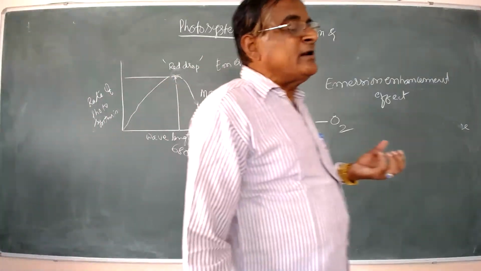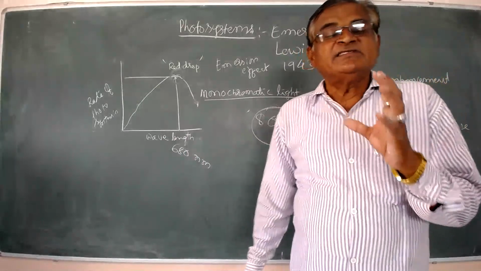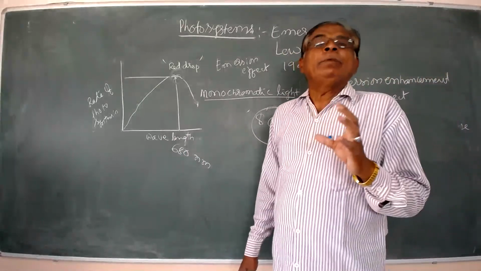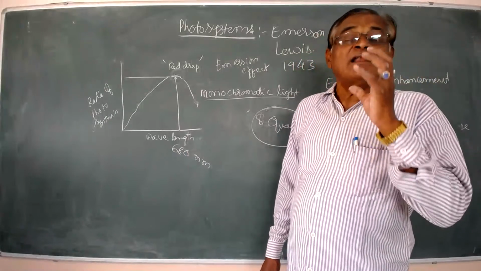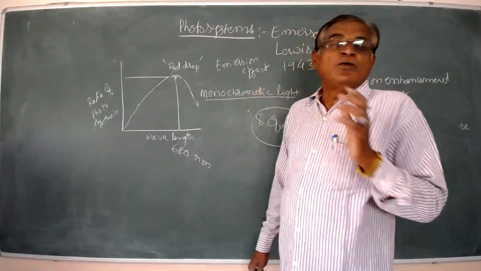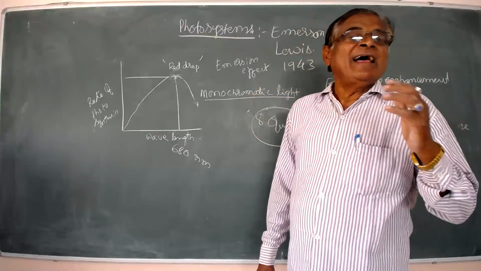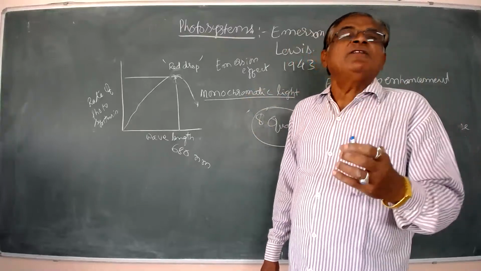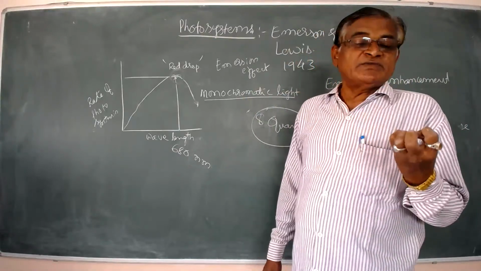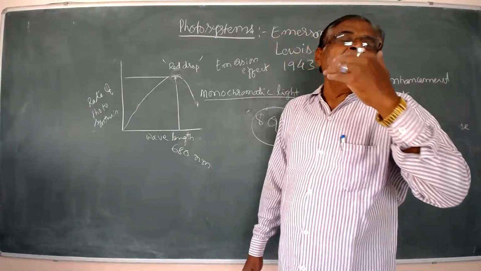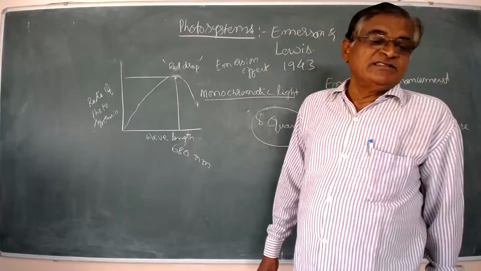Earlier, people knew that in the chloroplast there are some reaction centers responsible for photosynthesis. Later, they said there are some quantasomes which absorb the light and are responsible for photosynthesis.